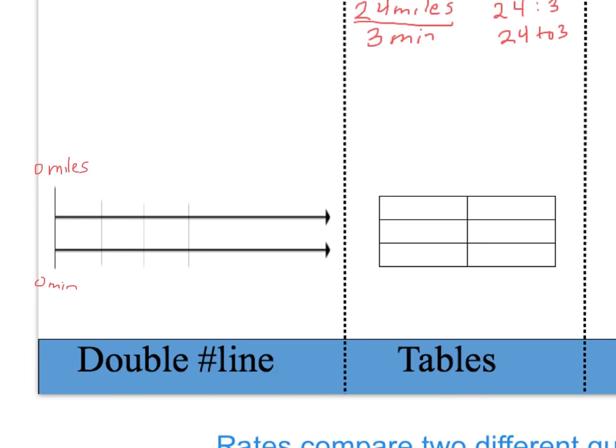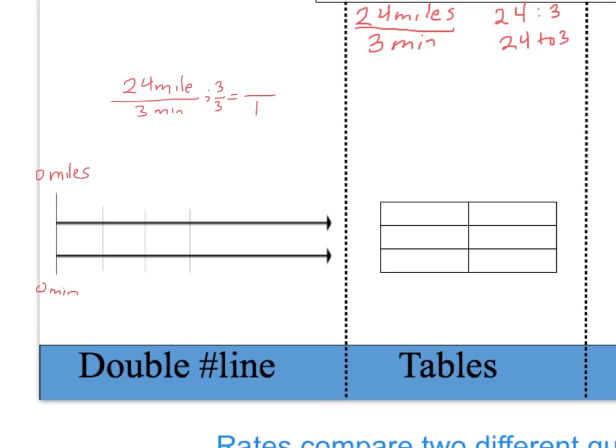I want to figure out what my unit rate is, so if I have 24 miles over 3 minutes, I can divide the top and bottom by 3, because I want to get 1 on the bottom and 8 on the top. So my unit rate would be 8 miles per 1 minute. Using the double number line, I can put the unit rate on the first line.